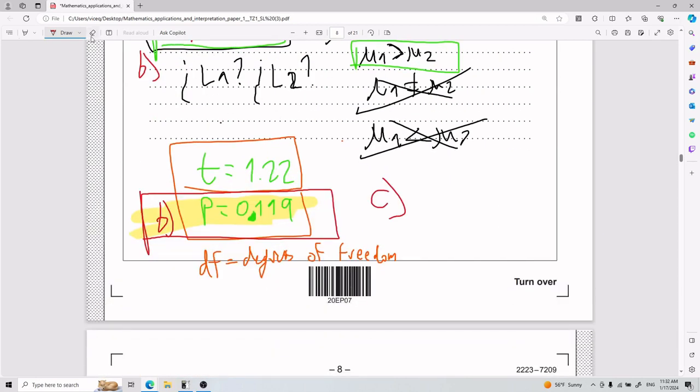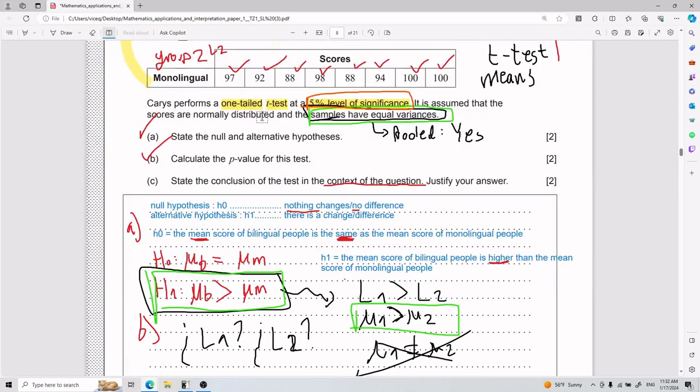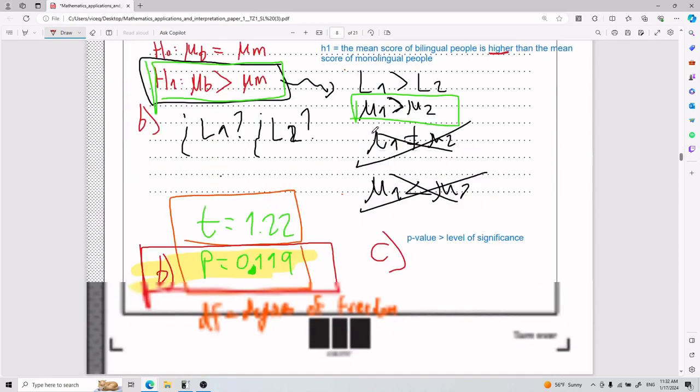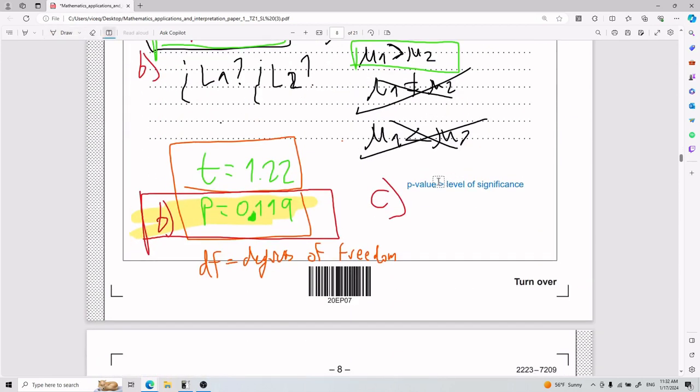And again, this is very much a rule of thumb, okay? If the p-value is bigger than your level of significance, when I say level of significance, it's this guy here, okay, 5%. If the p-value is greater than the level of significance, notice the language.